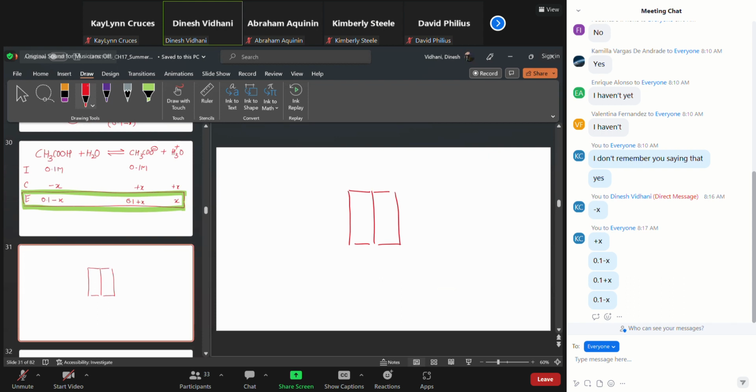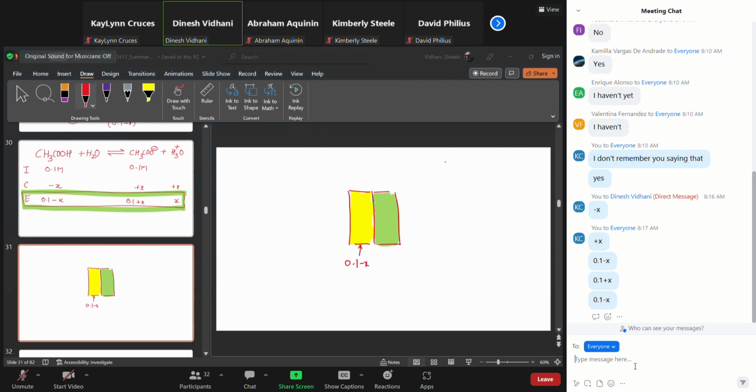If I say the right side is acetate ions, and the left side is undissociated acid, it appears to be equal, but then it is not equal because look at the equilibrium. Your acetic acid concentration is 0.1 minus X, but then X is too small, so we are not going to think that it's going to make a big difference, right?